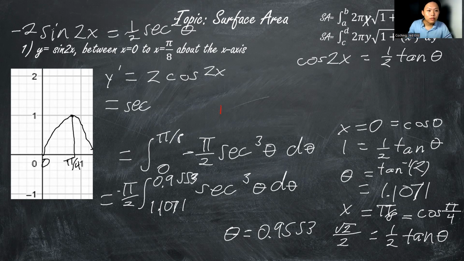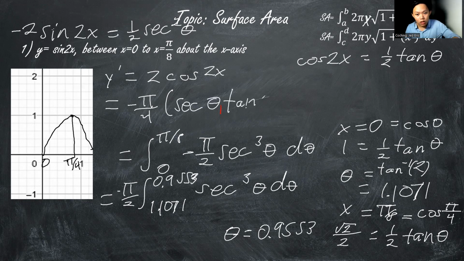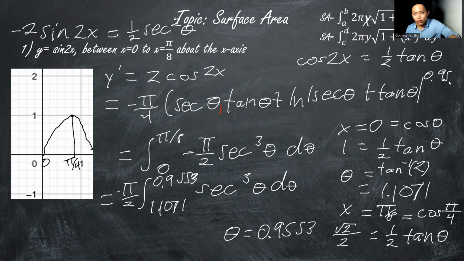Sec, so divided by two. So negative pi divided by four, sec theta tan theta plus ln of sec theta plus tan theta over 0.9553 to 1.10071.